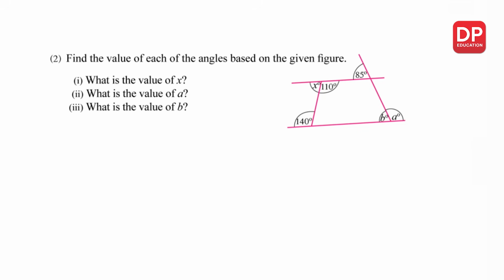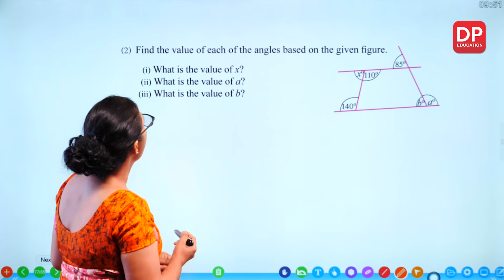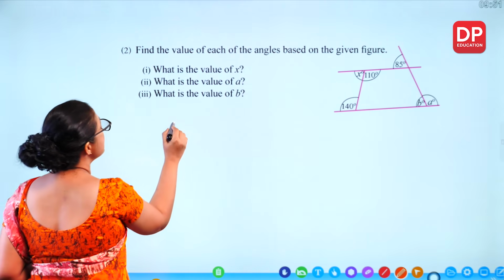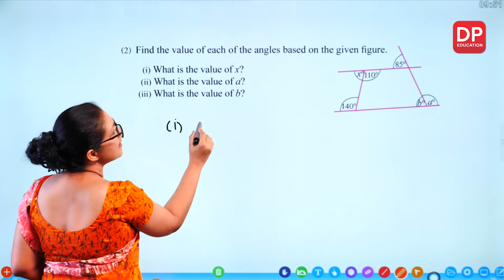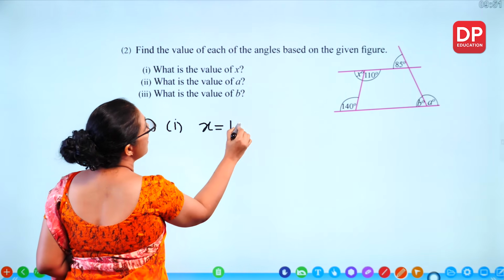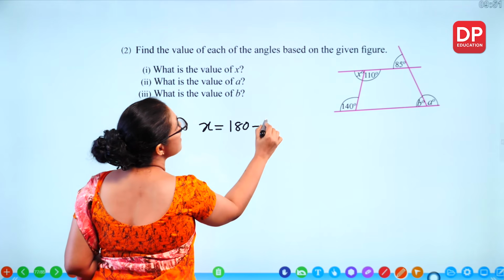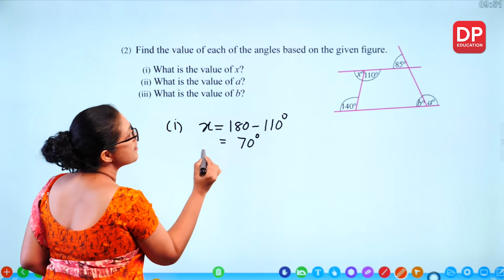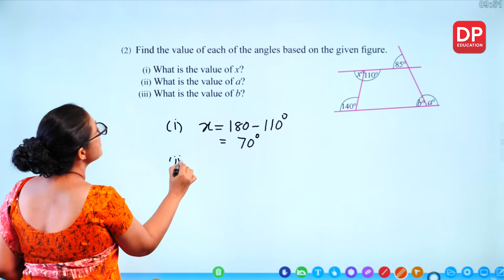Question number 2, find the value of each of the angles based on the given figure. What is the value of x? This is a straight line. What is x? x equals 180 minus 110. So x equals 70 degrees. Second one, what is the value of A?